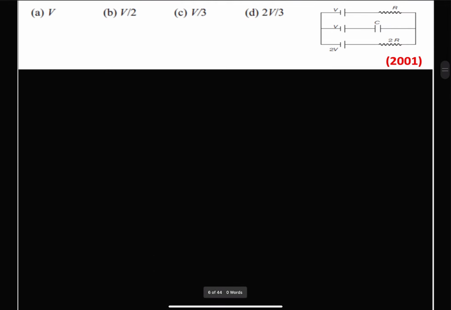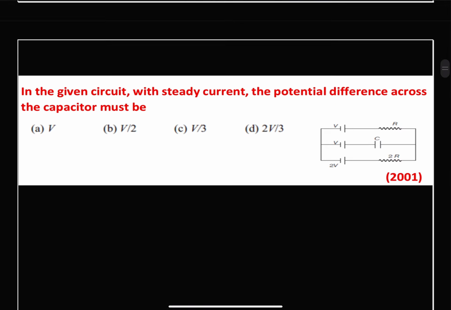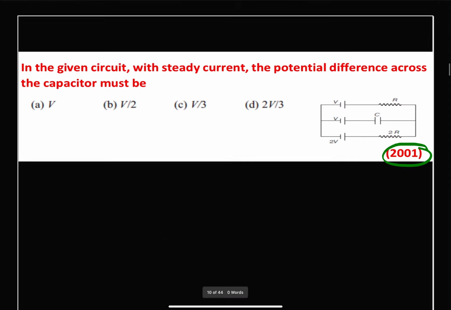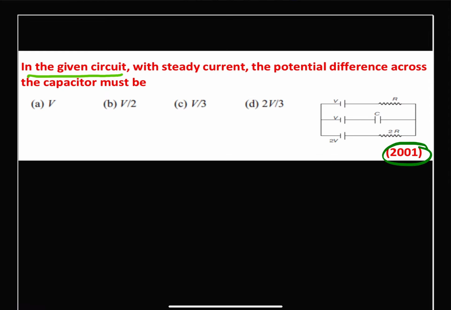Next question. It was asked in the year 2001, and it states that in the given circuit with steady state current, the potential difference across the capacitor must be, and we are given the circuit.